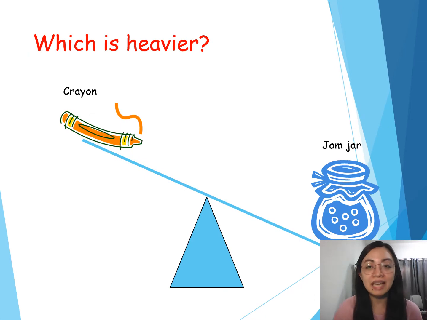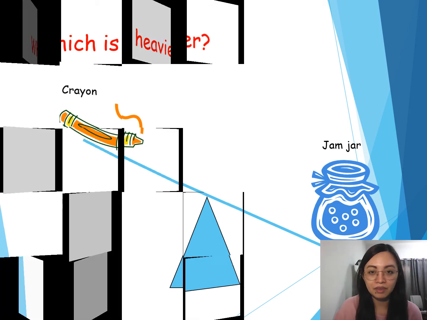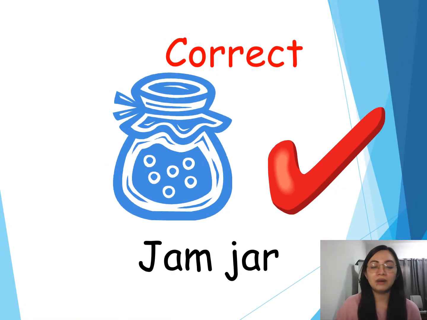Now, which is heavier, the jar of jam or a crayon? Which one is heavier? Okay, the jar of jam is heavier than the crayon.